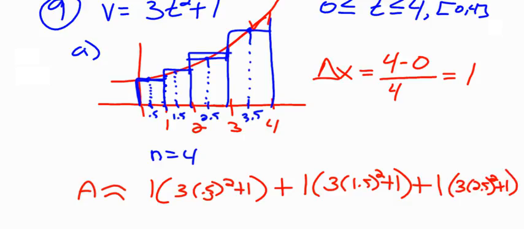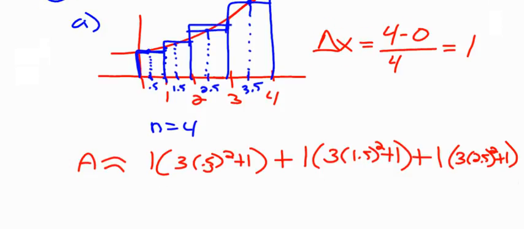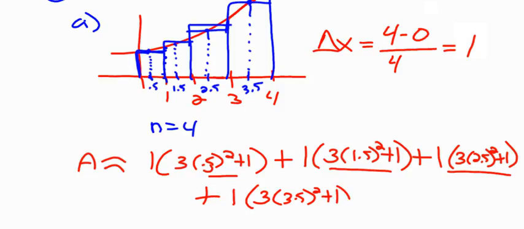We're going to plug in the x value. And then I have to have one more. So if I have 4 subintervals, I now have 1, 2, 3. I need 4. So it's one more rectangle, 1 for the width, times the height will be 3 times 3.5 squared plus 1. So plugging 3.5 into the function.